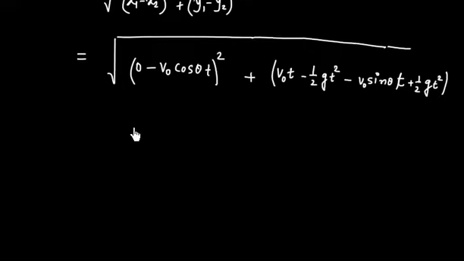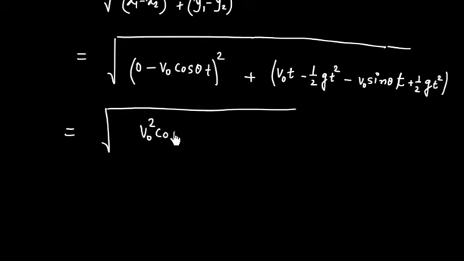So if I simplify this one, this becomes simply v0 square cos square theta t square, and this becomes v0 t minus v0 sin theta t whole square.